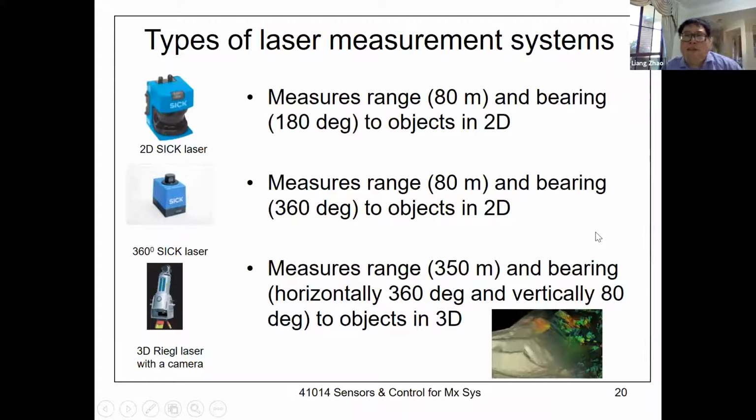And there are some different types of LiDARs. I list here all SICK lasers. There are some popular laser brands you may know. One is SICK, the other is Hokuyo from Japan. And for 3D LiDARs, Velodyne is the most famous one. They have 16 lines, 32 lines, 64 lines 3D LiDAR.